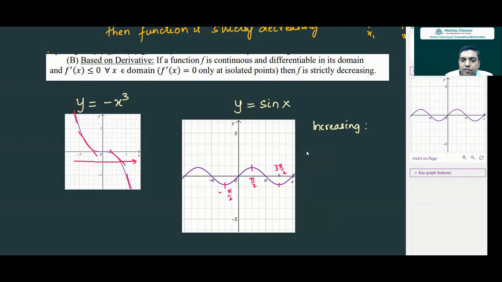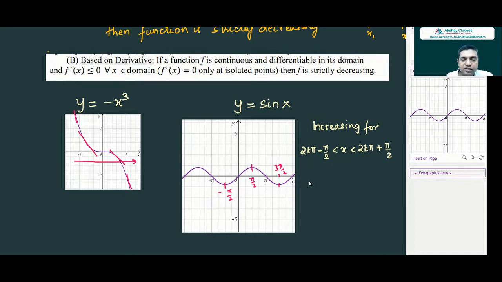So from 2k pi minus pi by 2 to 2k pi plus pi by 2, sin x is increasing. For every period, the period is 2 pi, so you keep adding 2 pi.